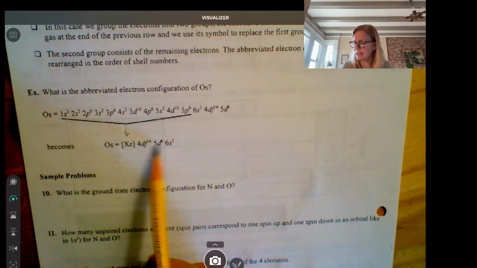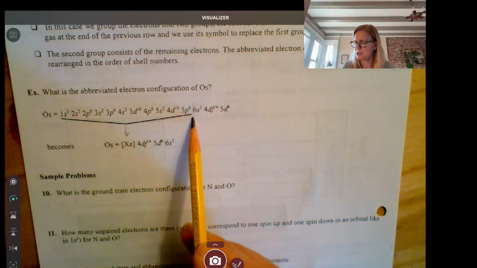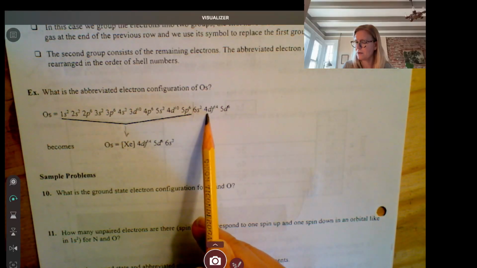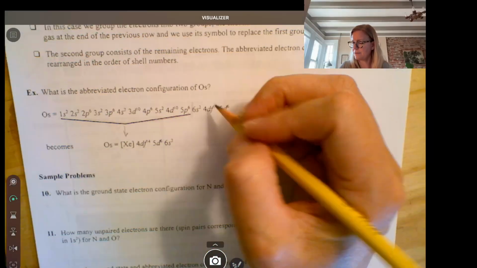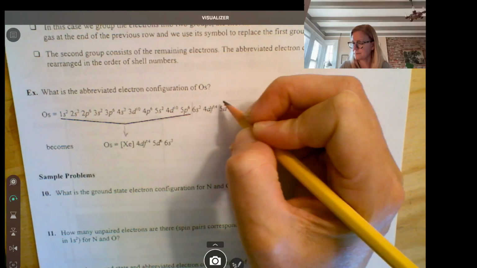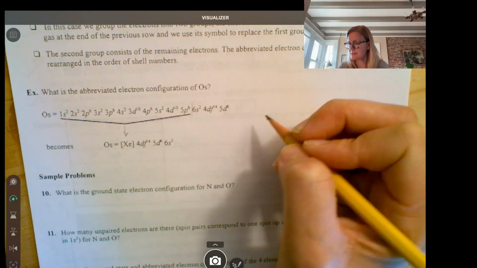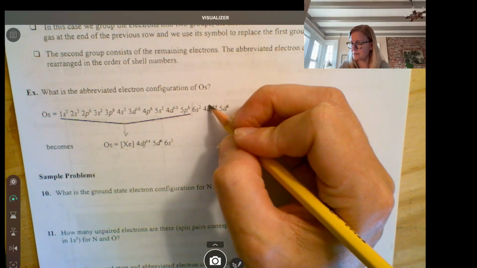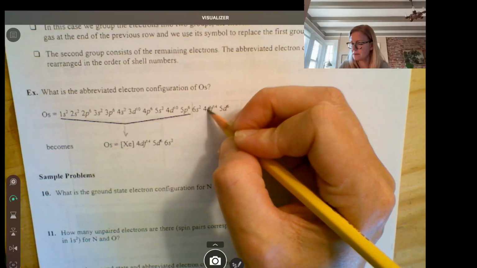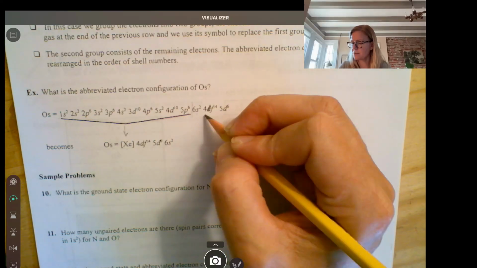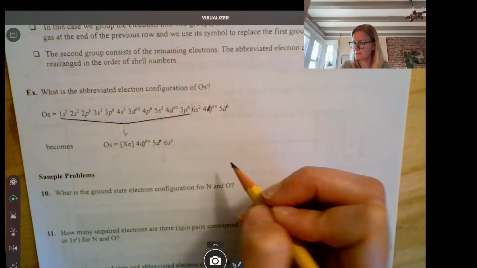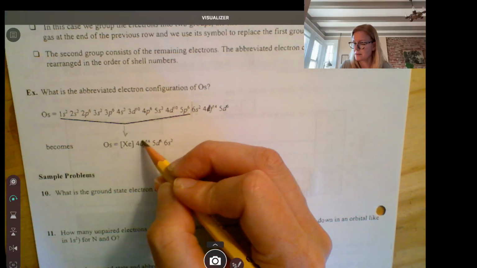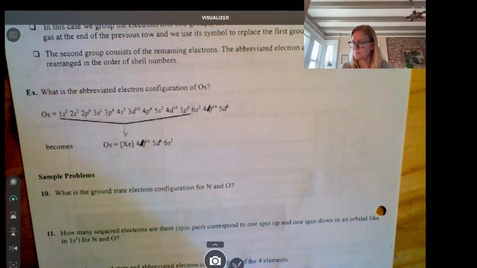And they rearranged it. I don't think you have to do this. You can leave it as 6s2, 4f14, 5d6. I don't know what that extra d is; I would erase that. 6s2, 4f14, 5d6. Cross out the d. I don't know why that's there. Okay.